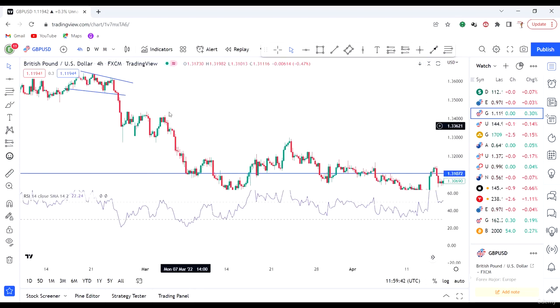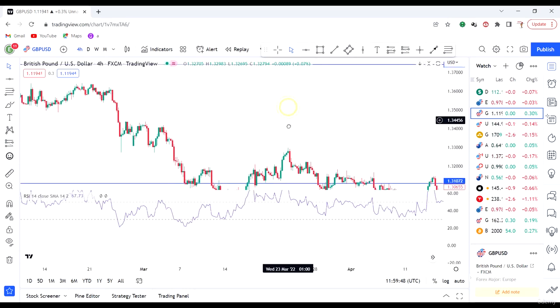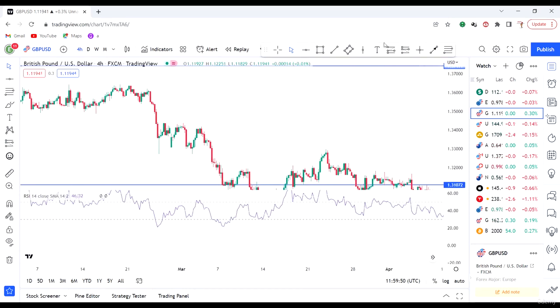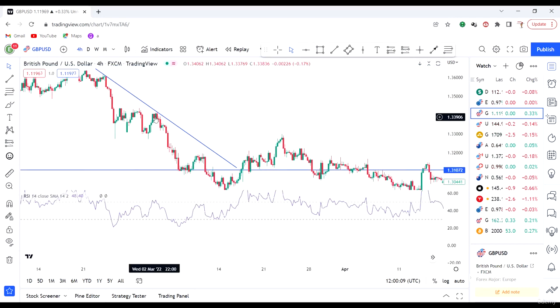Let's say we are in a downtrend like this. Let's delete this. Let's say we're in a downtrend like this, and we've observed that we are in a downtrend. So when we are in a downtrend like this, at points where the market comes to overbought levels, we tend to get more confidence of re-entering in the direction of the trend.